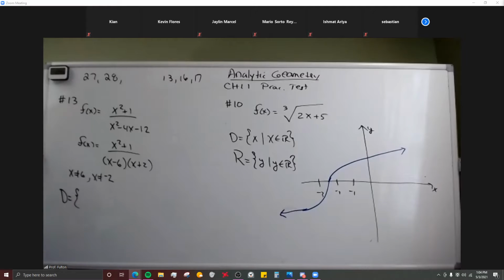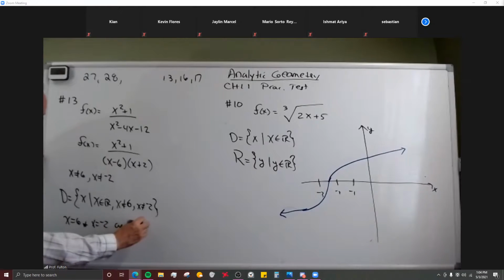So x can be a real number other than positive 6 and -2. What are these going to be? Well, since they don't cancel out, there's no other factor over here, this also tells me that x equals 6 and x equals -2 are vertical asymptotes.